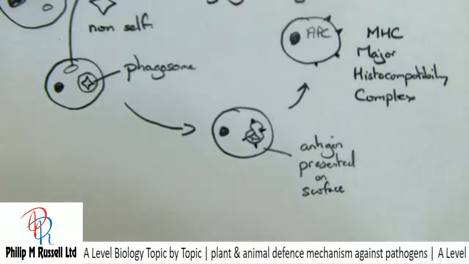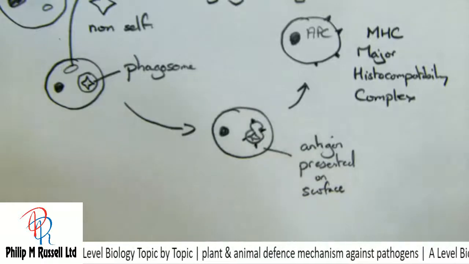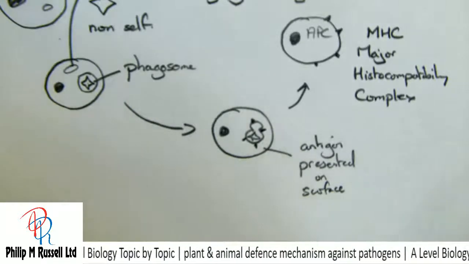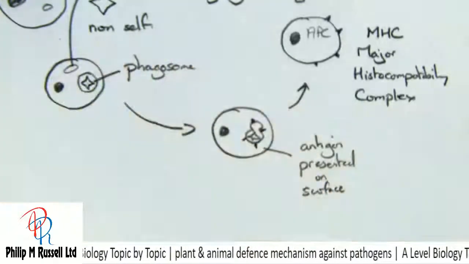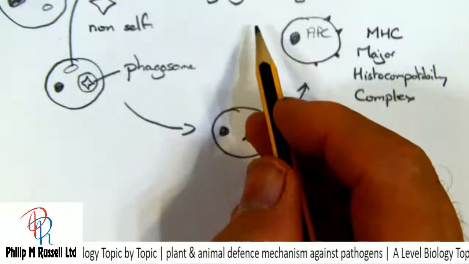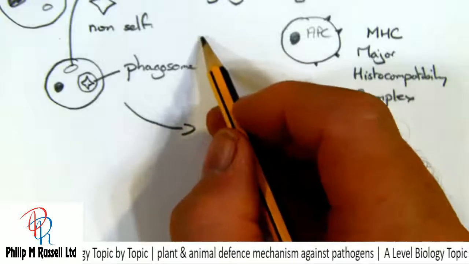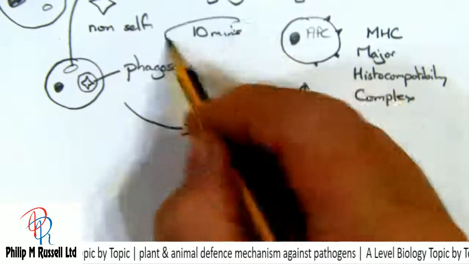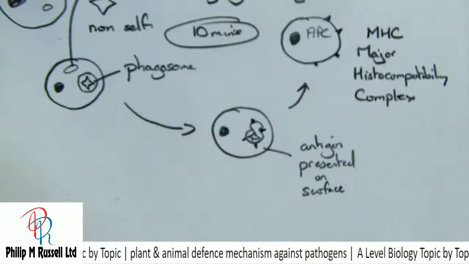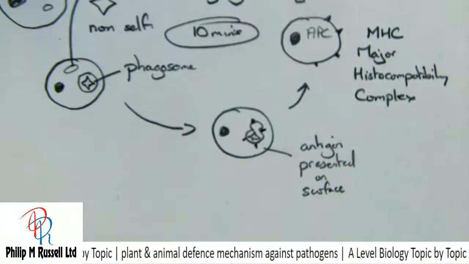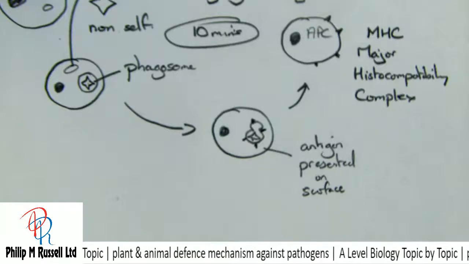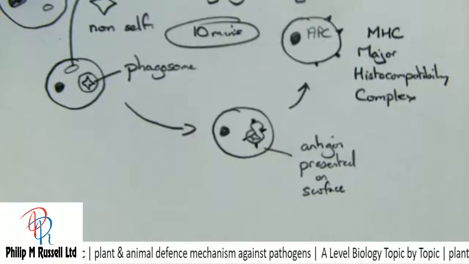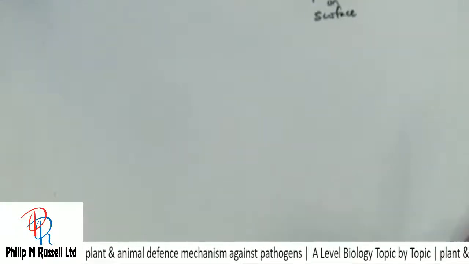And these antigens are now stimulating other cells in the specific immune response system to do something. And all of this takes place in about 10 minutes. So the system has to be quite fast to get everything to work well.